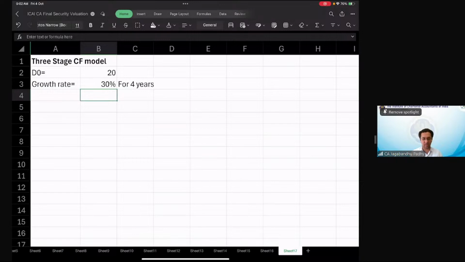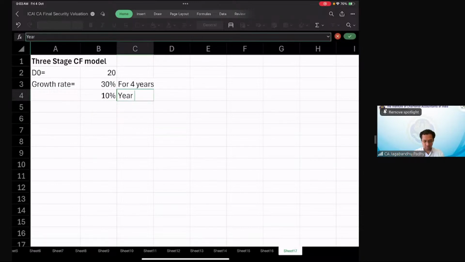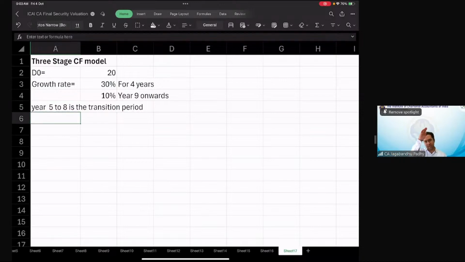So from year 9 onwards, year 5 to 8 is the transition period.